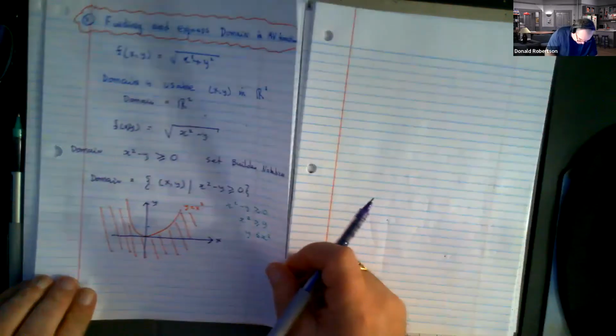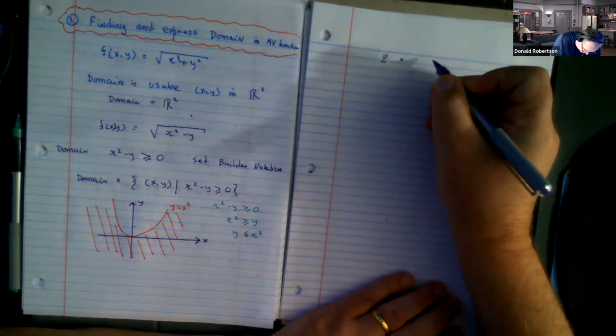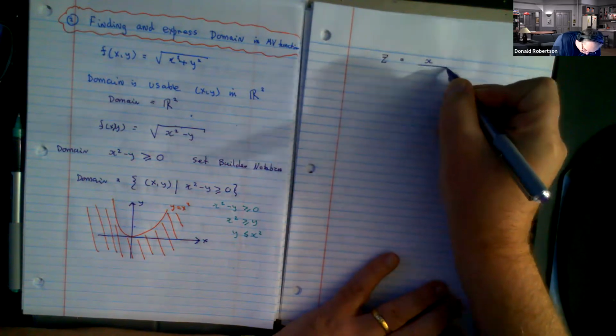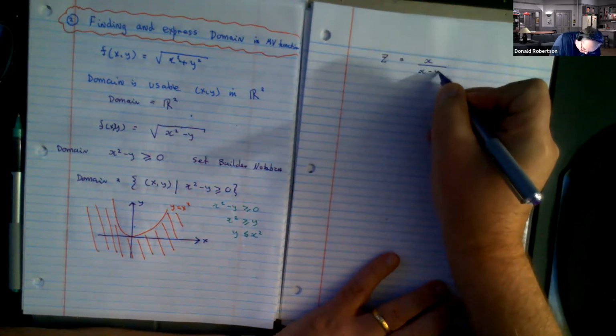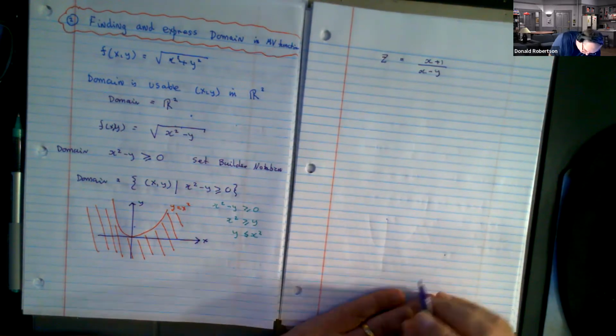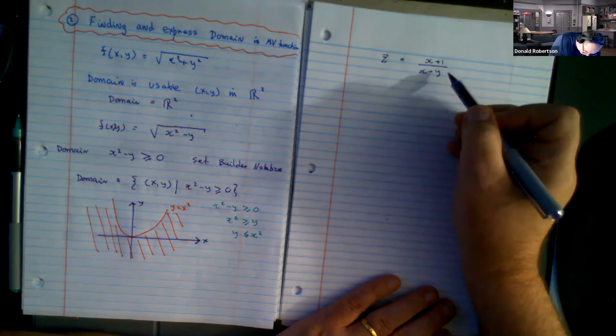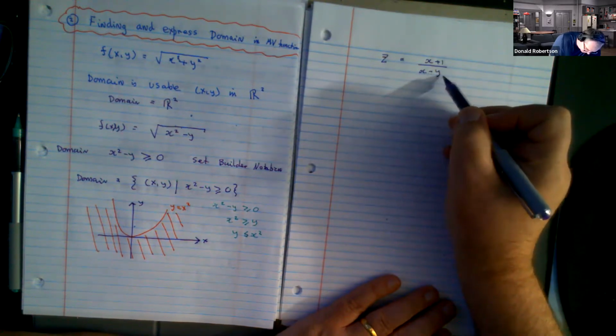Another one, suppose I have a function z equals x over x take away y, or make it x plus 1 over x take away y, and I asked you to look at its domain. Well, when it's a rational function, the thing we're really worried about is the bottom being 0.